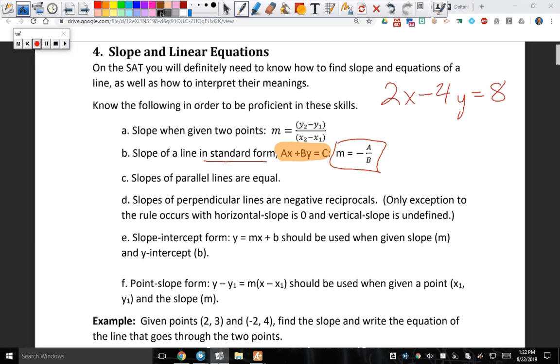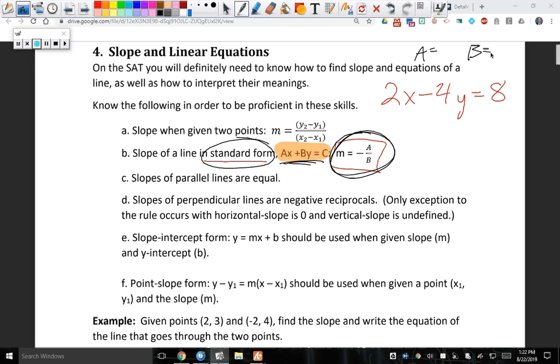Now, a lot of you might try to get y by itself and then go from there. And I know this is only saving like 20 to 30 seconds if you know this shortcut, but that's 20 or 30 seconds that you can dedicate to a question that's a little bit more difficult so you can get the perfect score that you're going for if that's your goal. Okay? So if it's in standard form, and only if it's in standard form, you can use this to quickly get that.